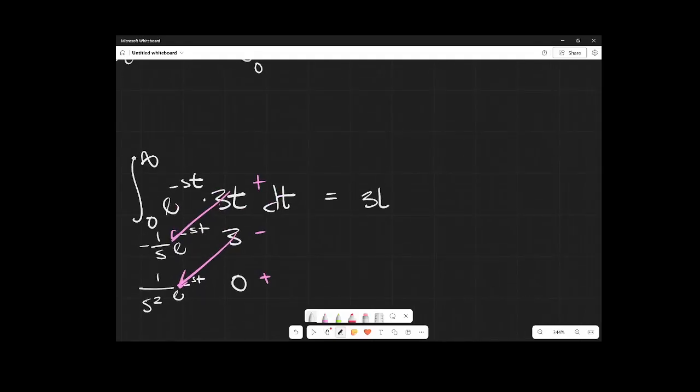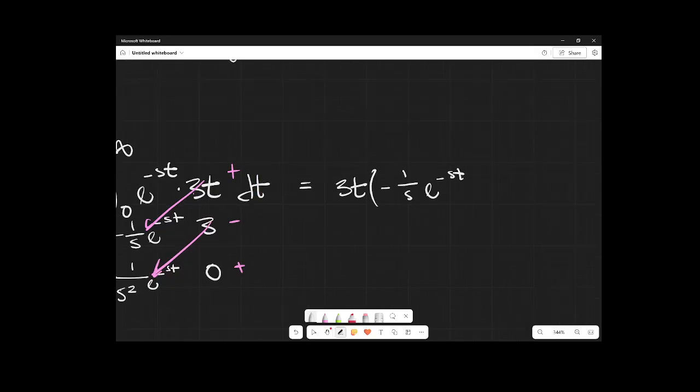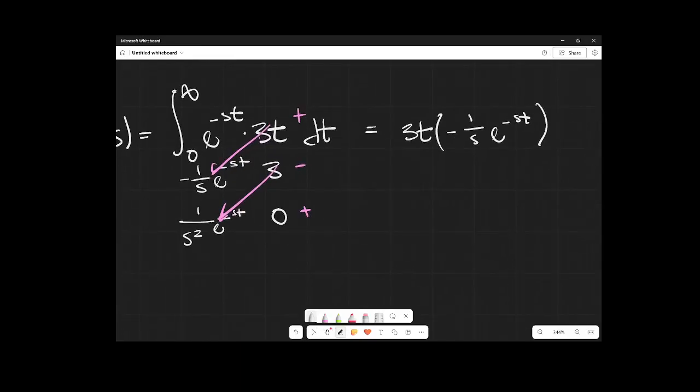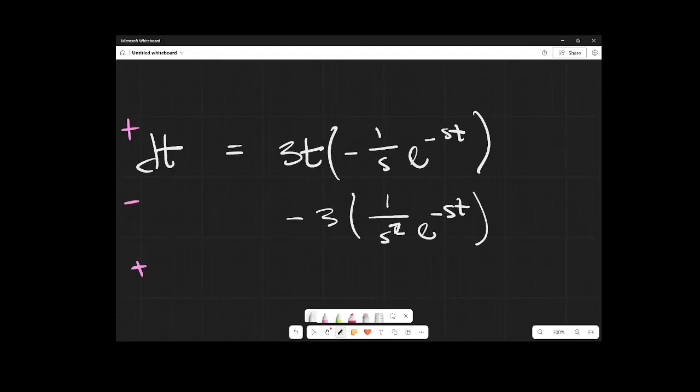So we just get 3t times negative 1 over s e to the negative st. And then we get minus 3 times 1 over s squared e to the negative st. And then any other ones are just going to be equal to 0, because the derivative of 0 is going to forever be 0. So you'll have that factor of 0. So we're done with the integration here.